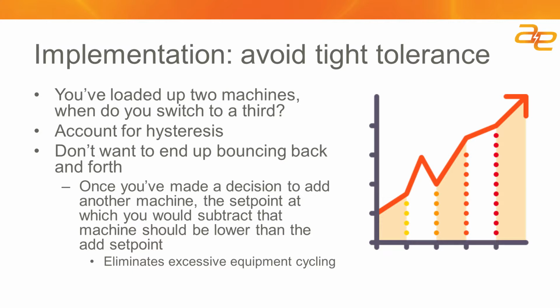Some other strategies that are used, they don't worry about balancing the load. They will put most of the load on a single machine, and then at some point in time when it reaches a designated point, they'll actually reprioritize, and maybe they'll do the maintenance or an overhaul on that machine, and then they'll change that machine's priority such that it'll be second or third or maybe last priority.